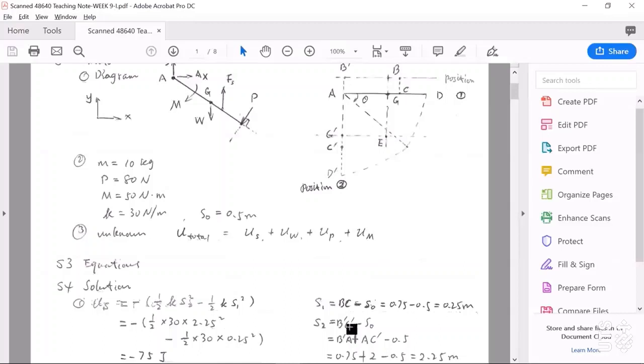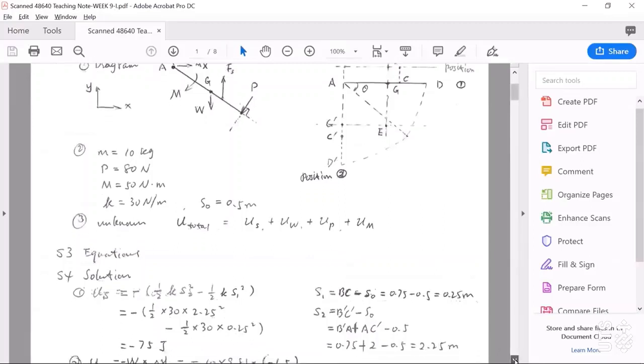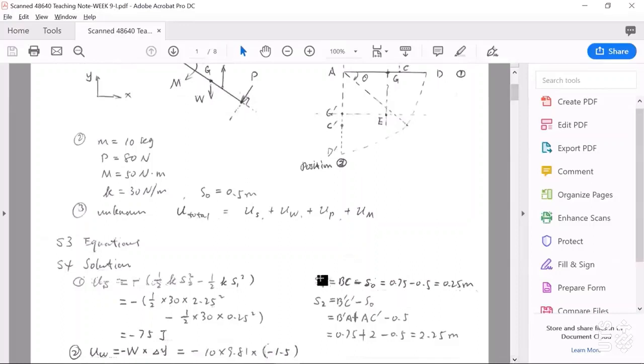So that will be 0.75 plus 2. And then minus the unstretched length of the spring, 0.5. So S2 is 2.25 meter. Okay, substitute S1 and S2 into this equation. We can work out the work done by this spring force is negative 75 joule.